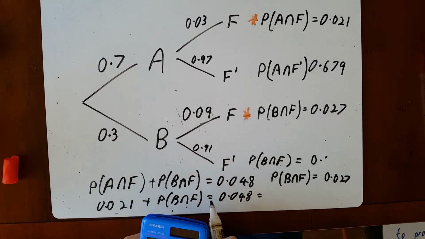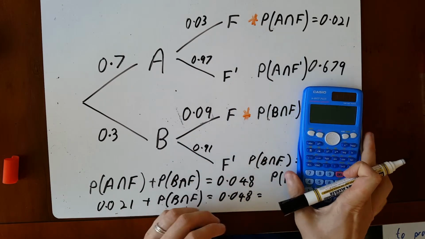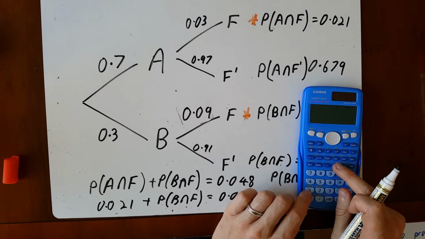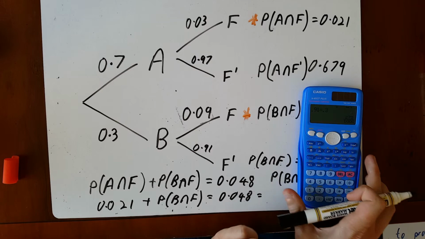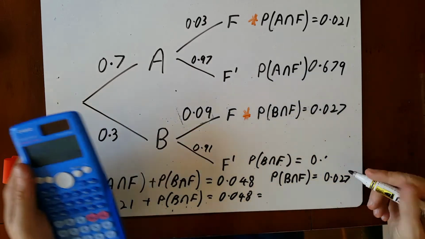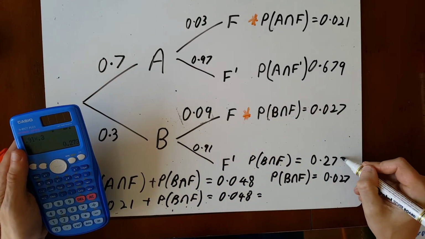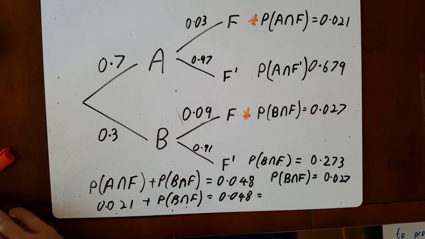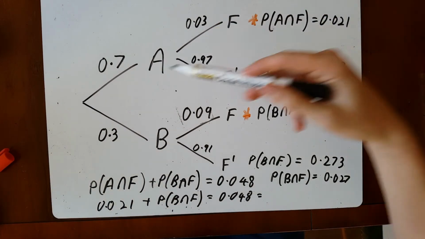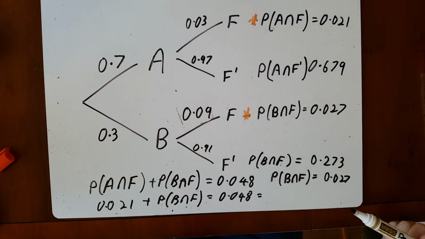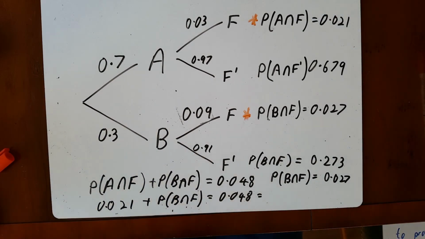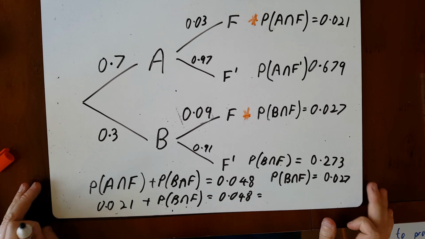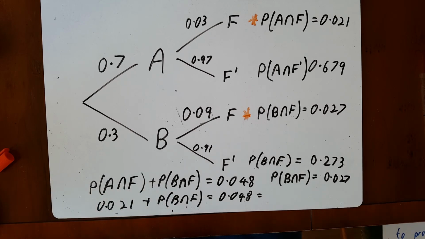Let's just type it in. 0.91 times 0.3. There we go. 0.273. So I know the probability of all of my different combinations of events. I can then use this tree diagram with the numbers at the end to figure out anything that I need. And that's how we can use a tree diagram for slightly more complex questions.